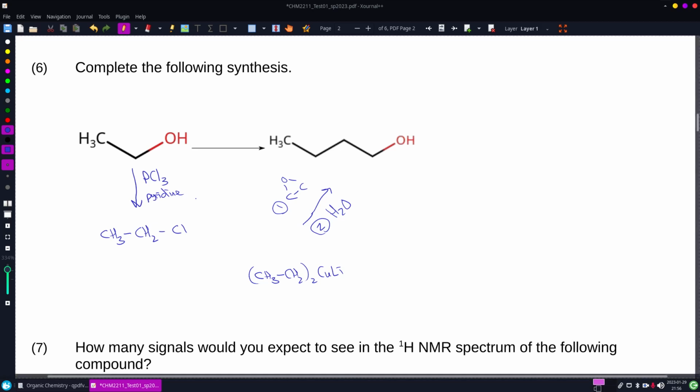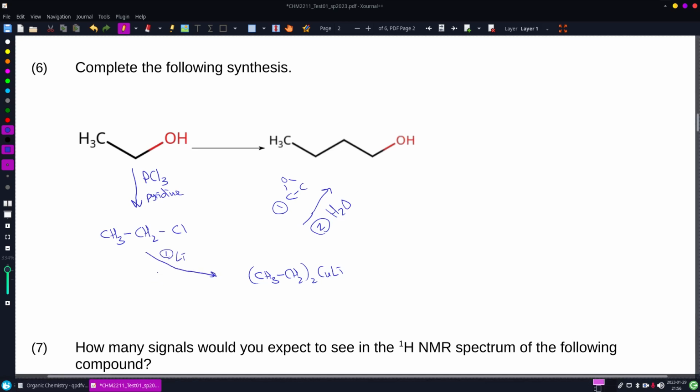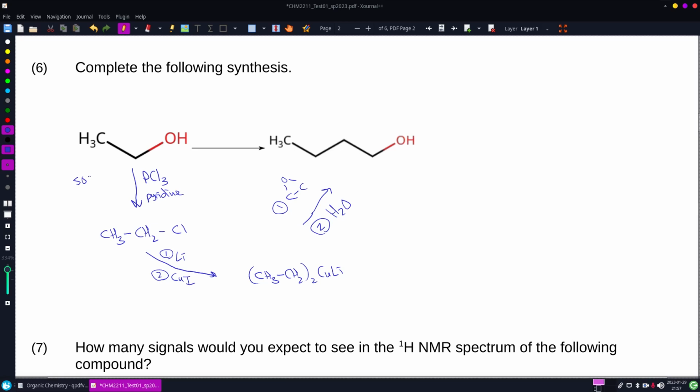All right, so I got an organohalide. All right, I'm going to do this in 2 steps. That is lithium followed by copper(I) iodide to turn that into an organometallic, a Gilman reagent. All right, so could have done that step with thionyl chloride.